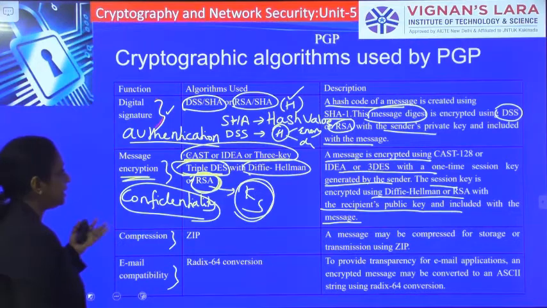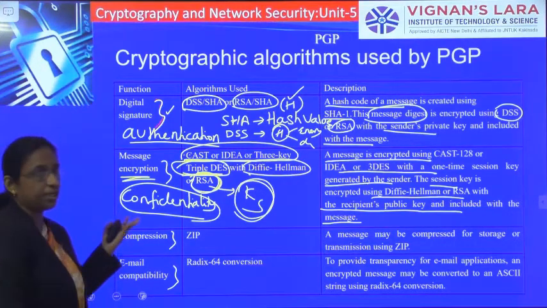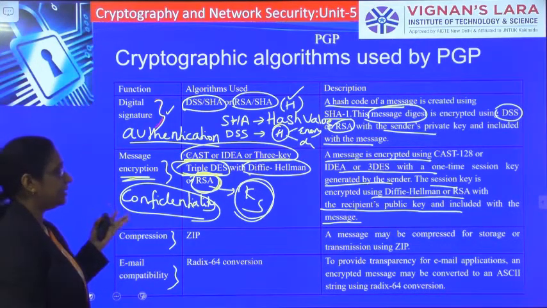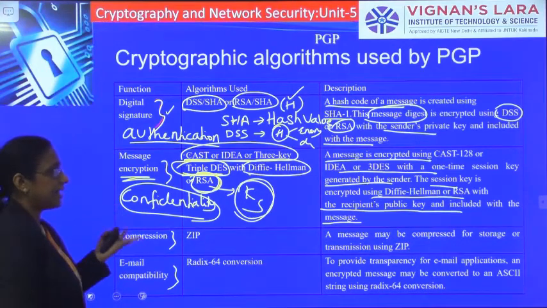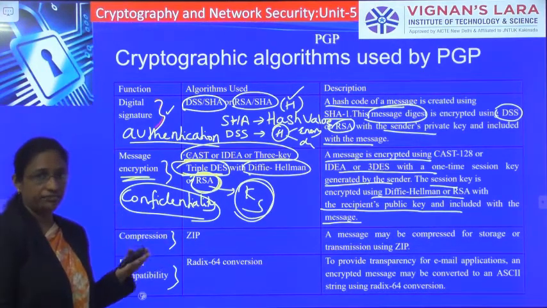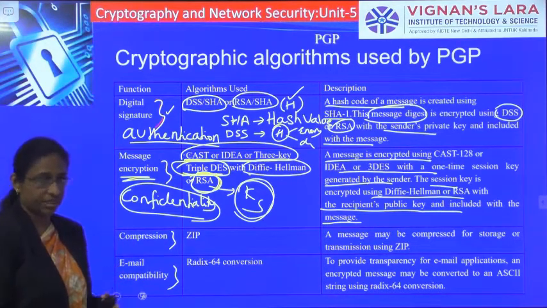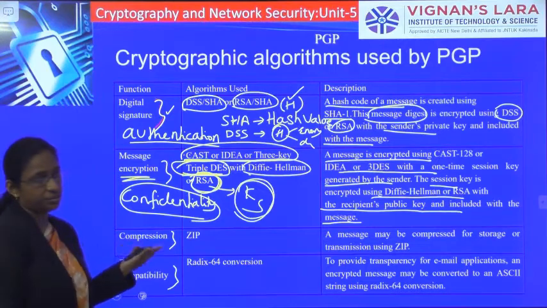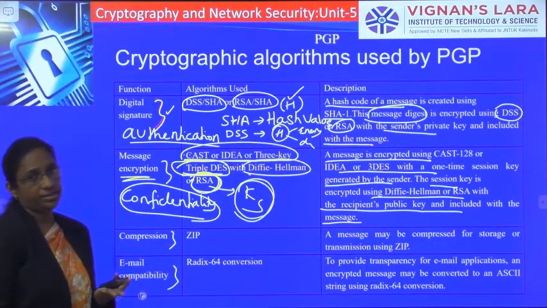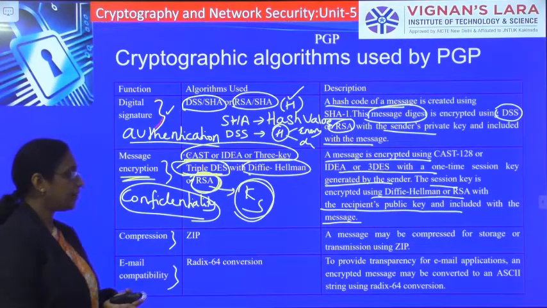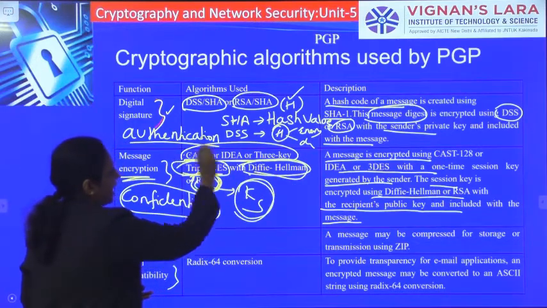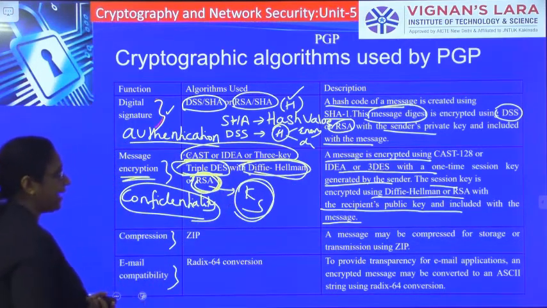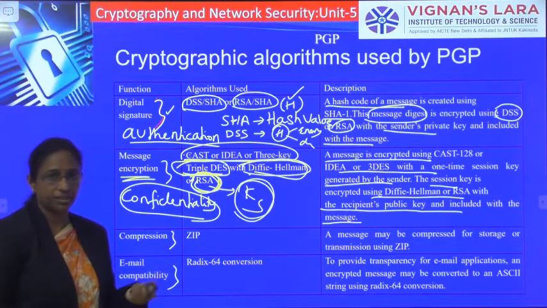That is the second function, message encryption, where the algorithms used for encryption of the message are CAST, IDEA, and triple DES, and for the encryption and decryption of the session key, we will be using either Diffie-Hellman or RSA. So Diffie-Hellman and RSA are for the key exchange, and CAST-128, IDEA, and triple DES are for the encryption process.